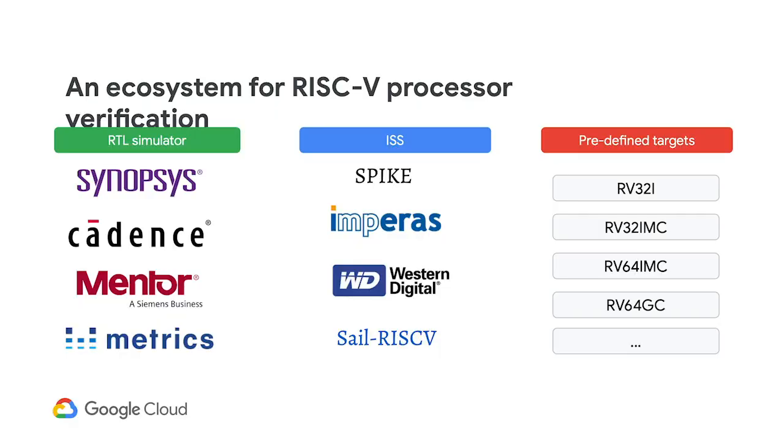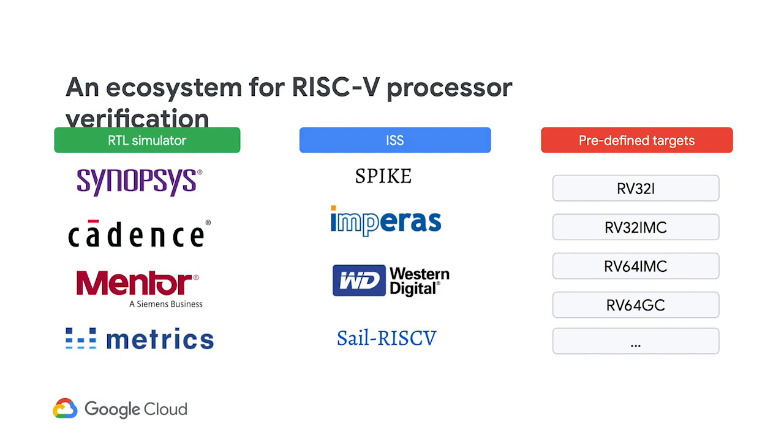The reason we make things like this, rather than just supporting one ISS and one simulator, is that we want to build an ecosystem for verification, so that all the extensions are easier. Right now, on the RTL simulator side, we support the simulators from Synopsys, Cadence, Mentor, all the mainstream ones, and we also support Metrics DSIM.